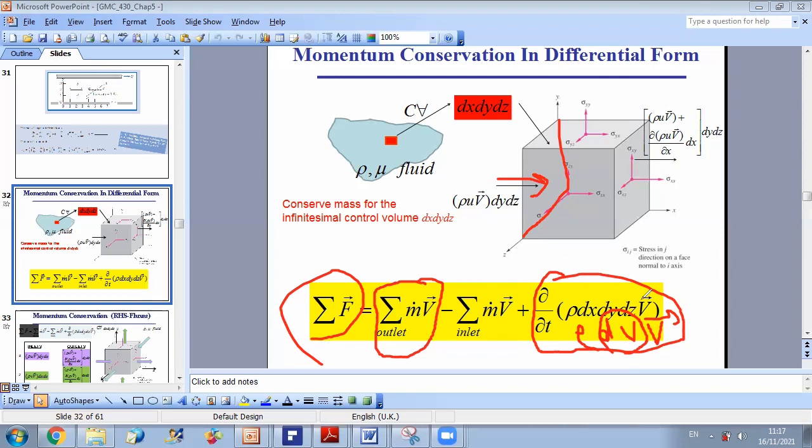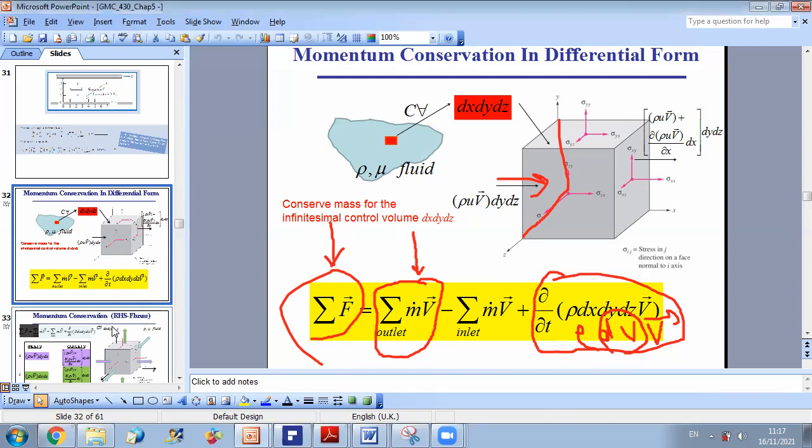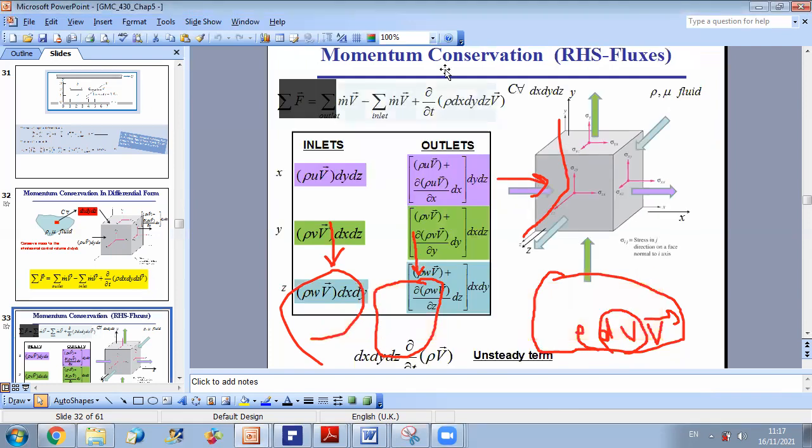Now we will try to study together the different terms. So what should be included in sum of forces? What should be included in sum of linear momentum fluxes at outlets and inlets? And to come up with a general relation for momentum equations. So let us start by finding the different terms.